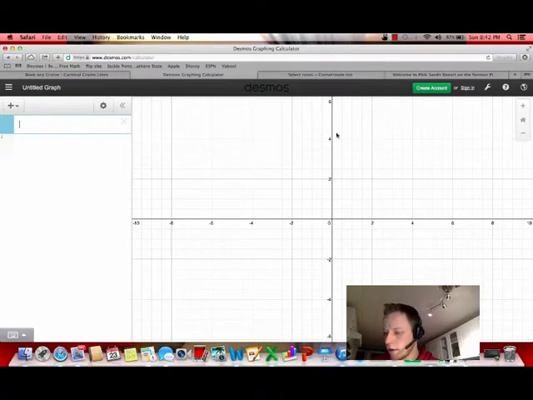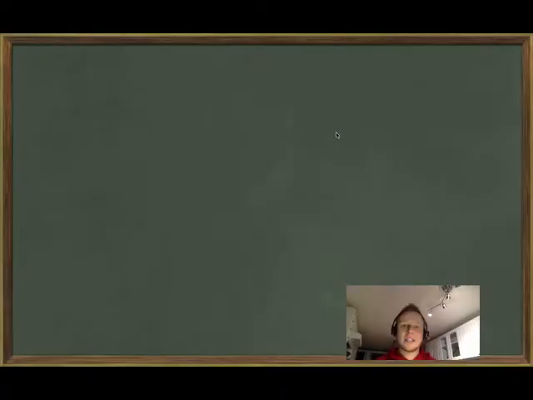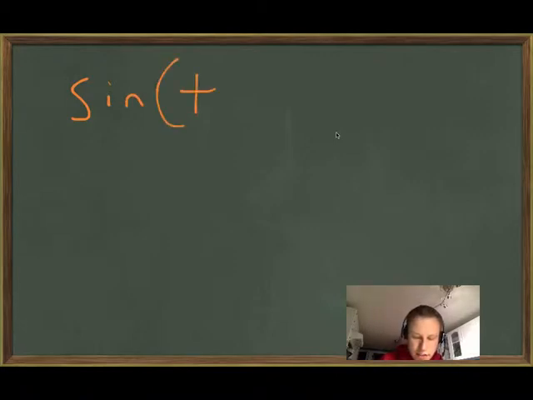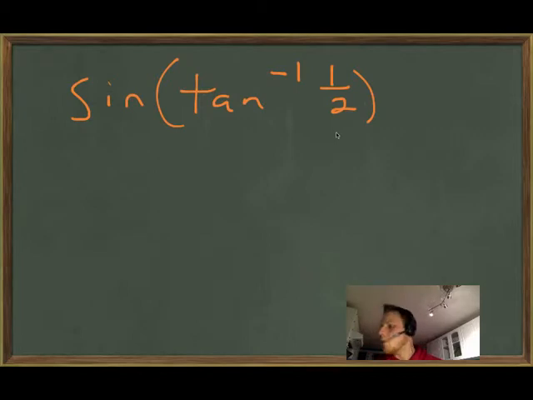Okay, guys, welcome back. We're going to get right into section 8.2, which is continuing the inverse trig functions. Let's jump right in and look at the sine of the inverse tangent of a half.